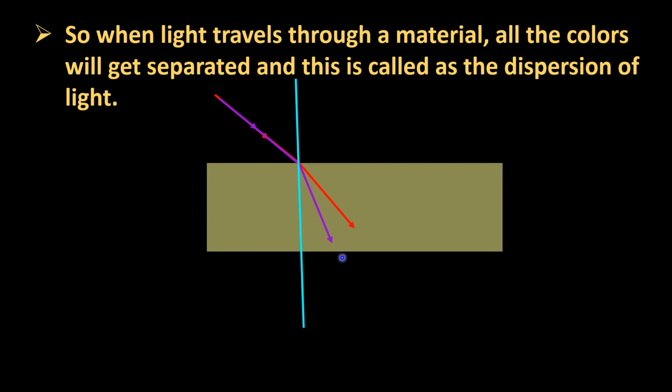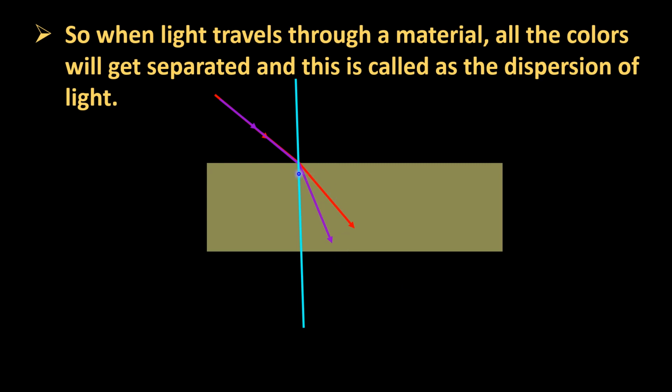Because when this ray of light emerges from this point, again we have to draw the normal, and the ray of light travels from denser to rarer, so it will bend away from the normal like this, isn't it?